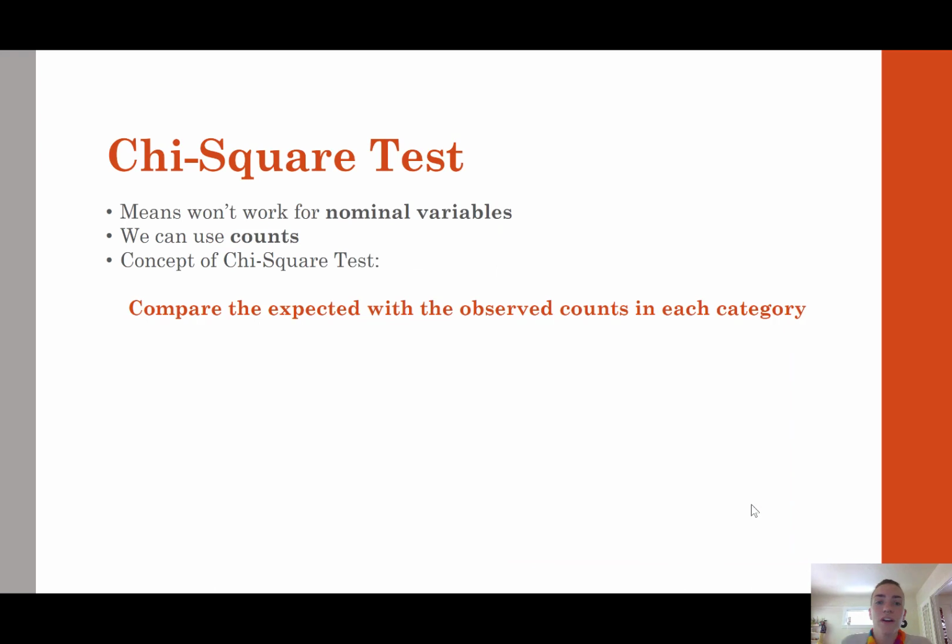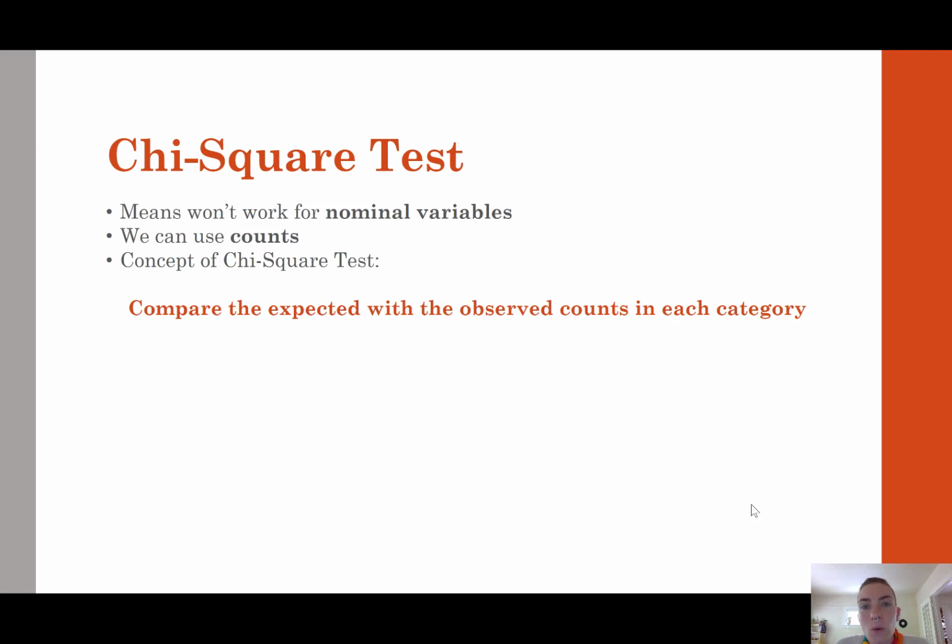Means won't work for nominal variables, but what will work, and in fact what we'll use to our advantage, are counts or frequencies. The concept of the chi-square test will use counts and we'll compare the expected counts with observed counts in each category.